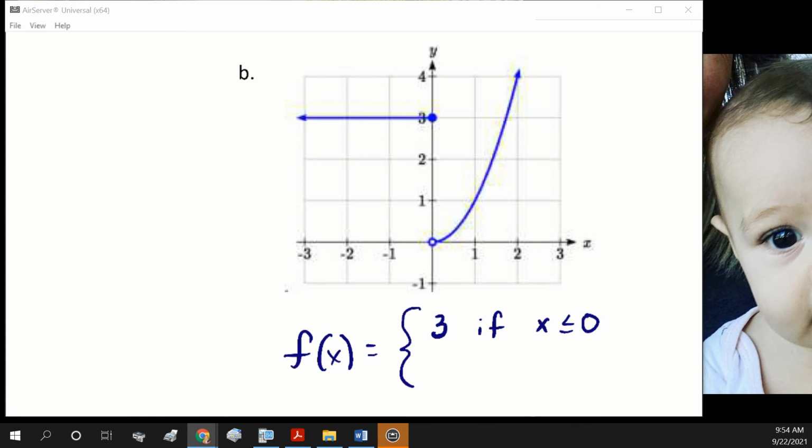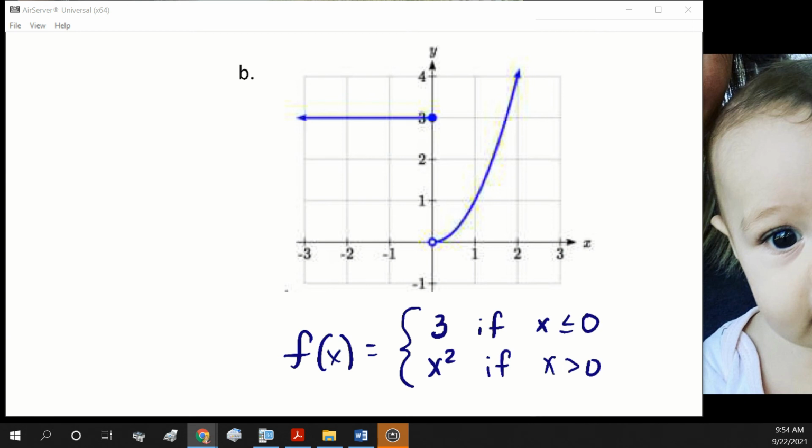Okay. And then the second piece is part of a parent function. Which one? Quadratic, a parabola. So that's going to be x squared. And then how would you describe the domain on that? Good. So we did an open circle. We don't include it. All right. Any questions? All good?